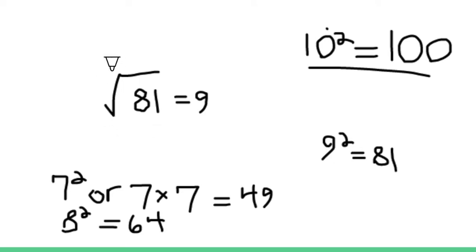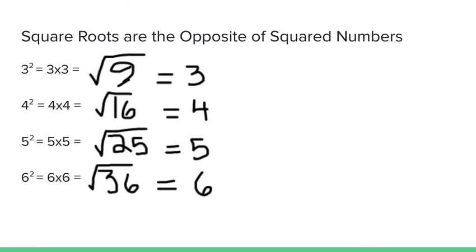But when we're dealing with perfect squares like we are today, you don't want to use your calculator, because you can get a better understanding of how square roots work. Now, let's go back to this for a second before I let you guys give this a try.